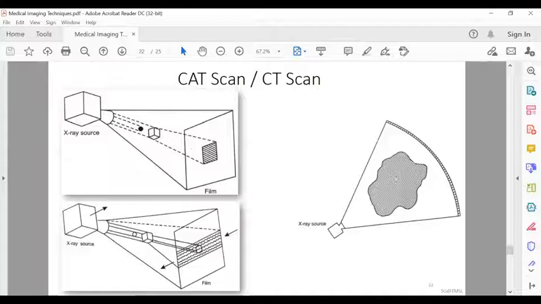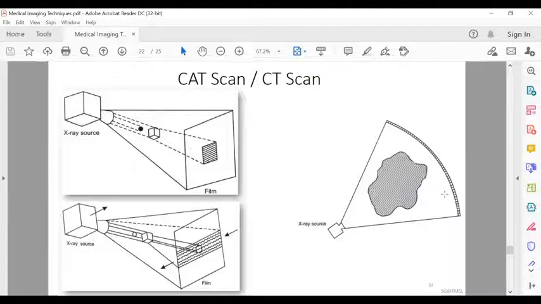It shows the fastest instrument having a fan beam that covers the complete width of the slice, and 700 detectors are used to measure the density pattern of the slice with good resolution.